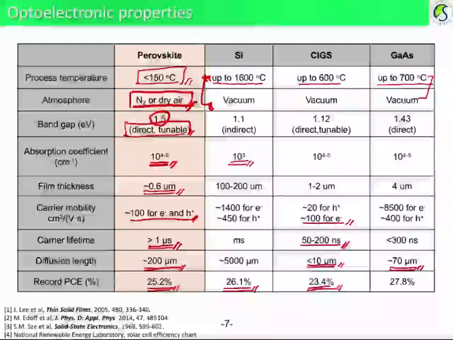But in fact, for the perovskite material, there is still the issue of large area fabrication, because this efficiency is only based on small area cells. Right now, the large area module efficiency is still lower than 20%.